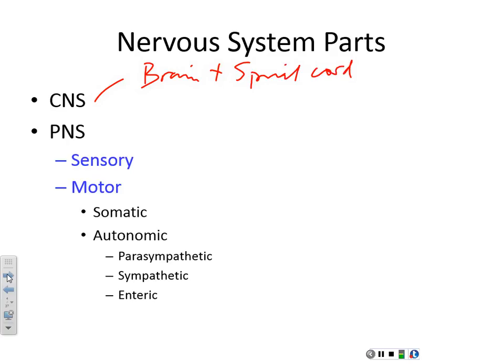And then the peripheral nervous system is made up of what and what? Spinal nerves and ganglion.